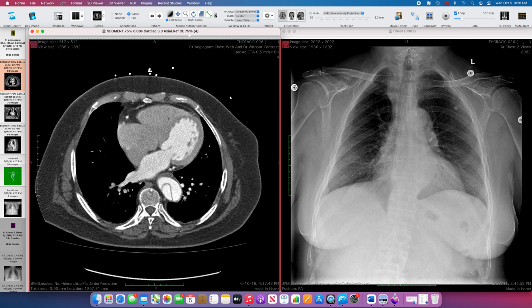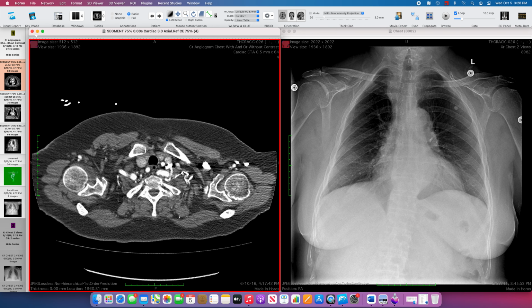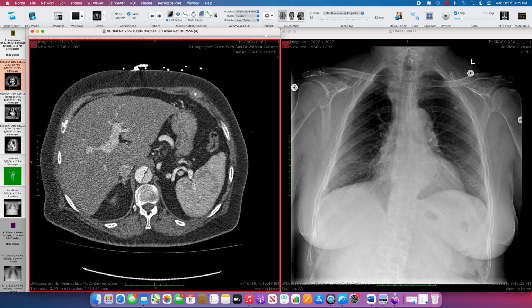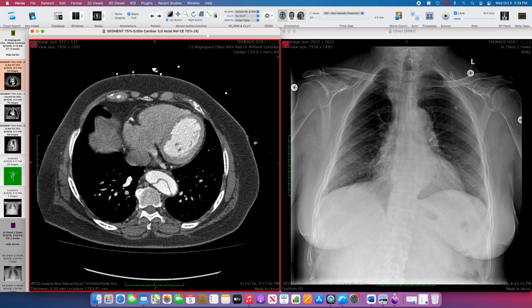If this exam went fully into the abdomen, then we would note whether the true or the false lumen provides blood flow to the celiac axis, the SMA, the IMA, the renal arteries, and so forth, and also its extension distally potentially into the iliacs.